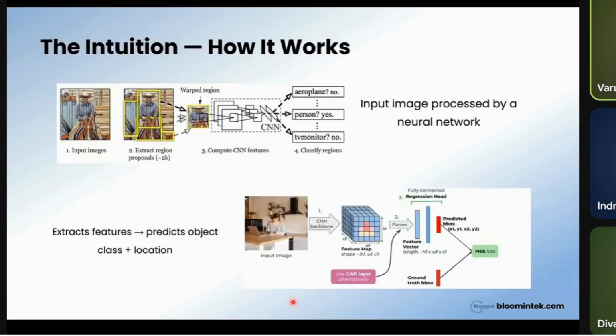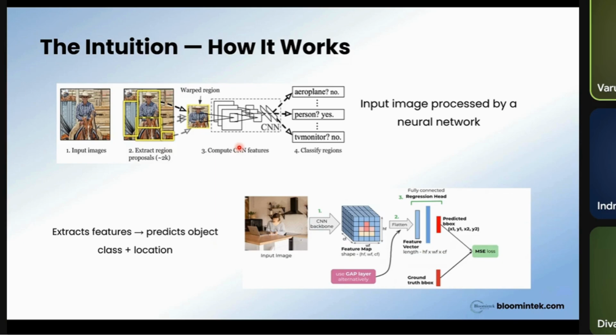So moving on, the intuition: how does object detection work? So here's the basic idea of how object detection works. The system takes an image and passes it through a neural network, typically a convolutional neural network or CNN. Now, CNN is the primary or the most basic neural network which is used for image processing purposes. This network acts like the brains and eyes of the computer. What this network does is that it extracts patterns, edges, textures, and shapes.